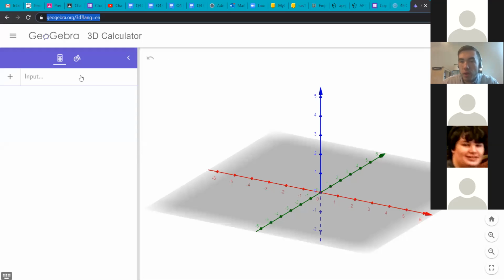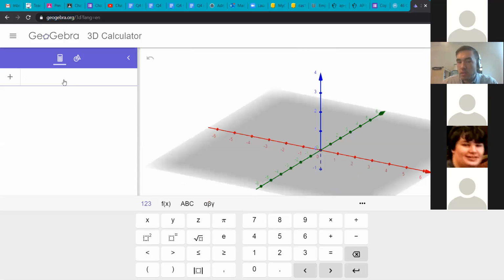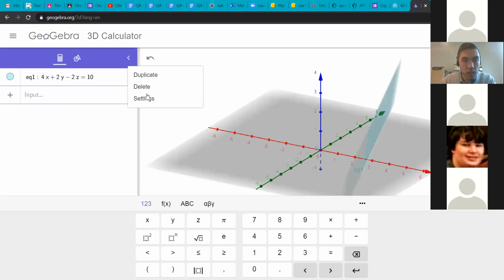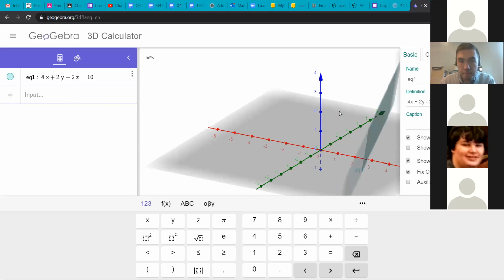And if you ever get that an answer is no solution because 2 of the planes are parallel, if you want to be sure, like 100% sure that those planes don't intersect, you can feed them in here. And the nice thing about this GeoGebra 3D calculator is that you can type in the equations exactly as they are. So this is going to be 4x plus 2y minus 2z is equal to 10. And then I'm going to make that first plane red.